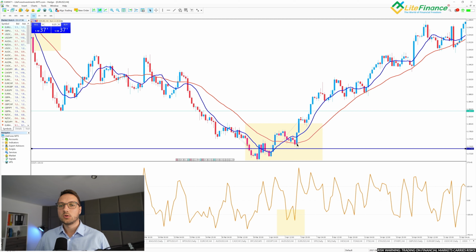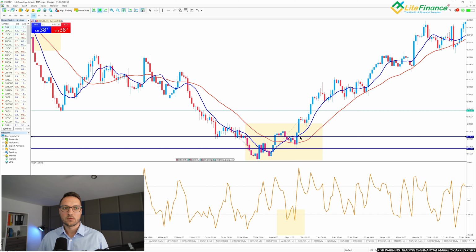Overall, what I always recommend is to use a risk reward ratio of minimum 3 to 1. So in this example, if we entered here, let's measure it again, best with the rectangle.